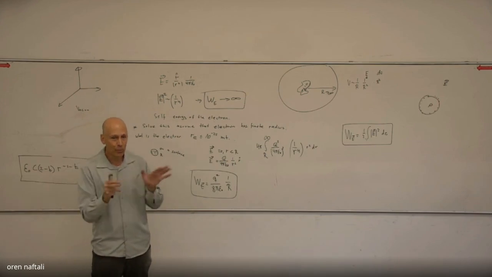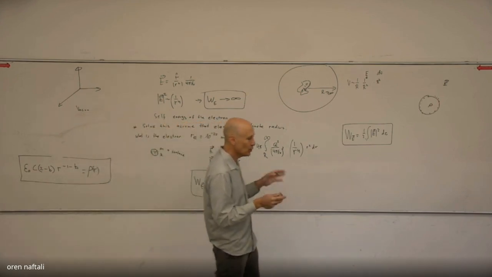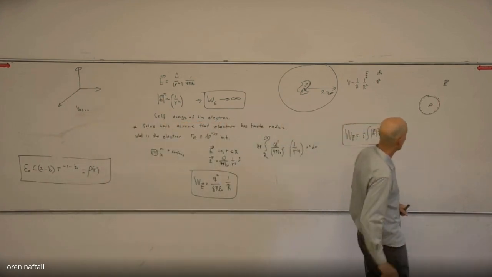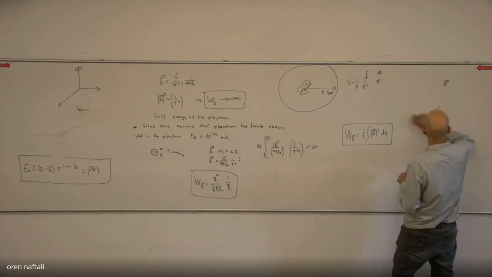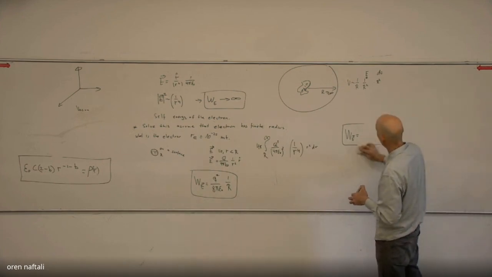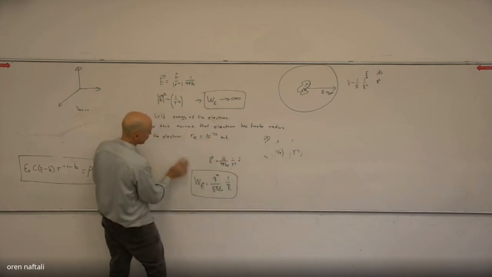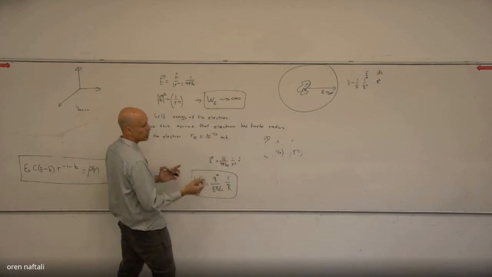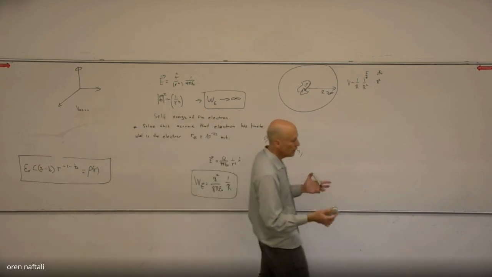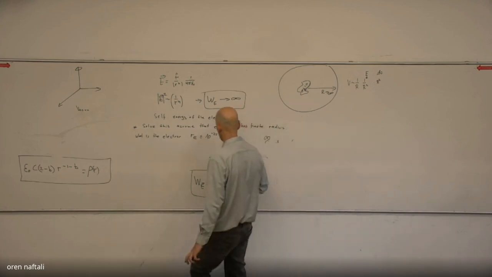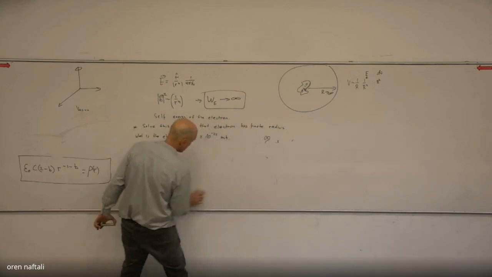So don't be fooled by this infinity. It's not the end of the world. It's not that something really bad is going on, but it is something that you should be slightly careful about when you use the formula. If you just use it blindly, you can get infinities, and then you can get all confused.